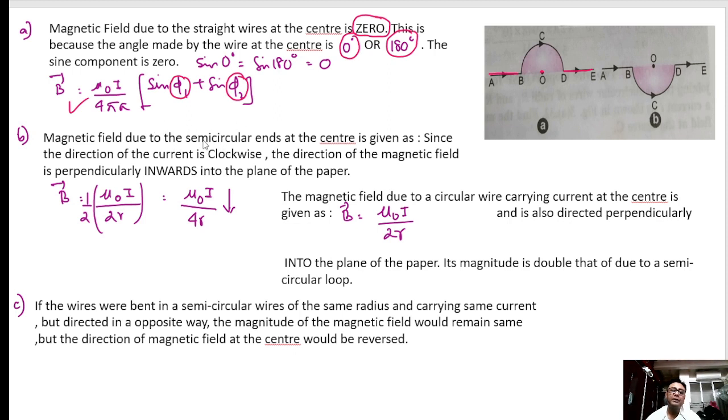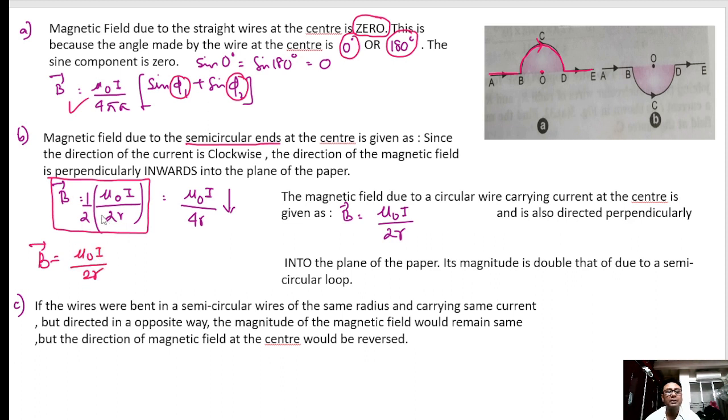Similarly, the magnetic field due to the semicircular part at the center, carrying current like this. The magnetic field due to a circular wire at the center is given as mu 0 I by 2r.